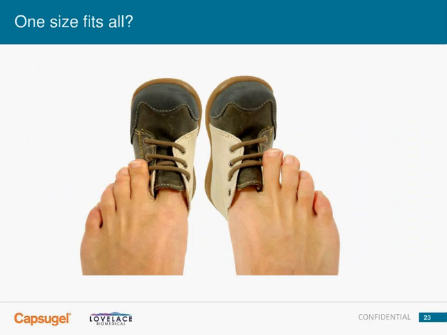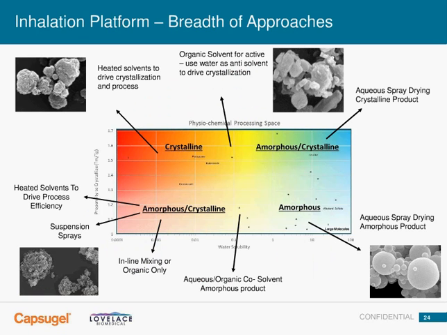So what if the compound isn't a simple water-soluble molecule? Certainly, it's not always as easy as what was just shown above. What's shown here is a formulation map of different molecules out there with water solubility on the x-axis and the melting temperature to glass transition temperature ratio, which is a measurement of propensity to crystallize.